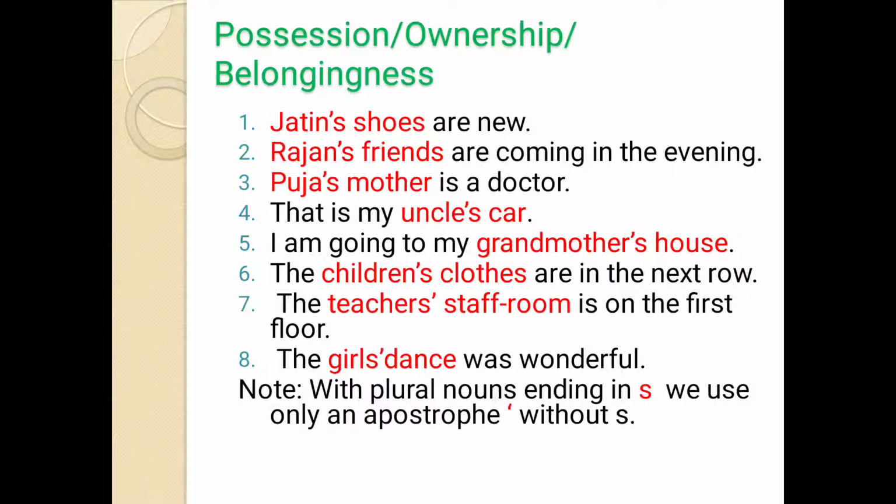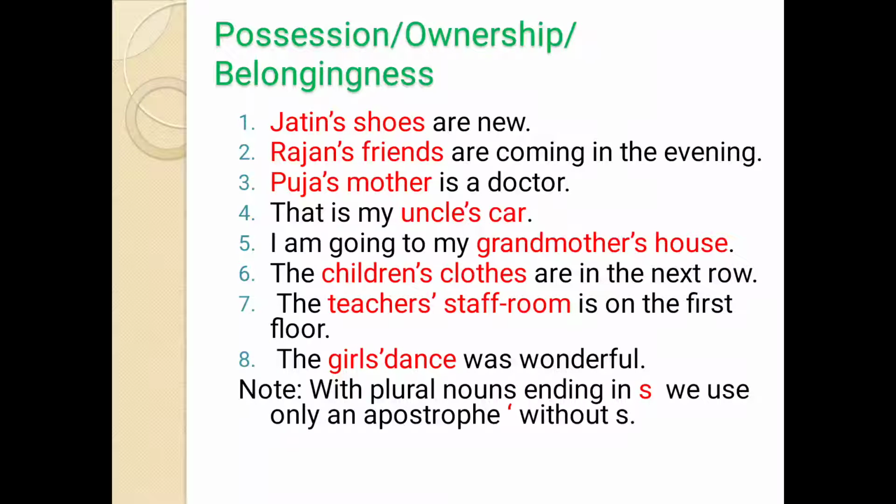This is the first use of apostrophe, possession, ownership or belongingness. Means someone possesses something, or it shows the ownership, or it shows the belongingness, that something belongs to someone. Look at the examples. Jatin's shoes are new. Shoes belong to Jatin.